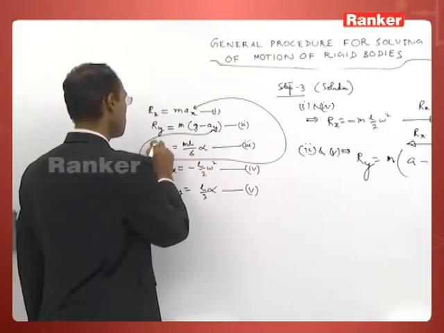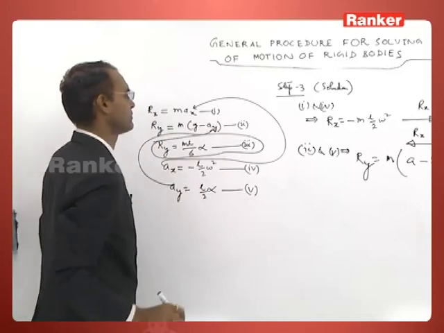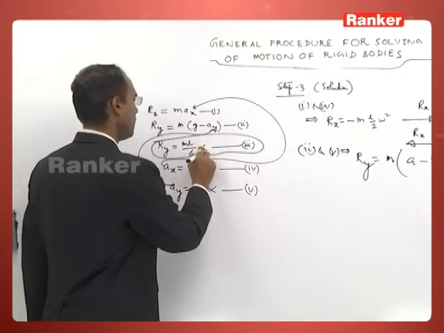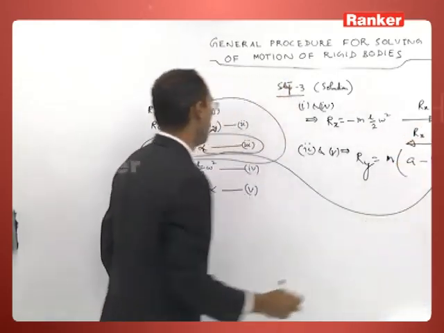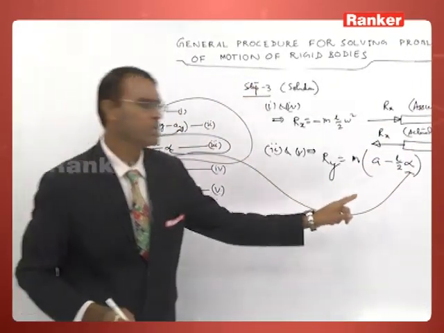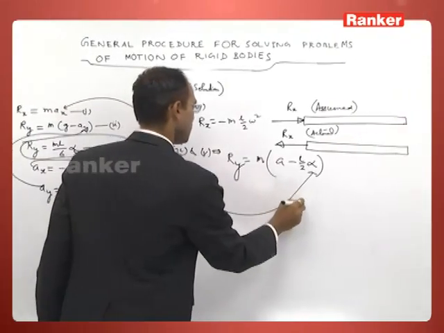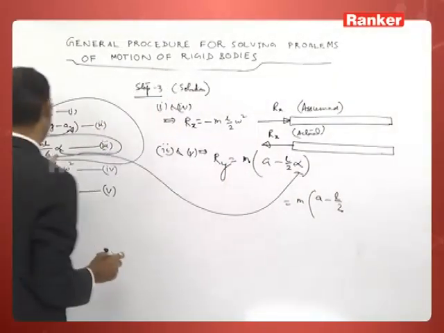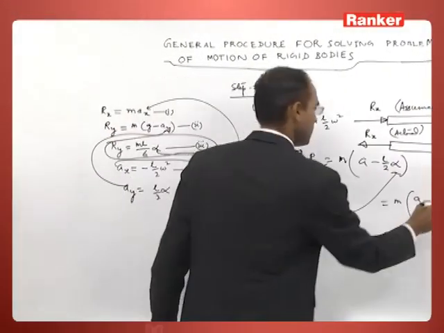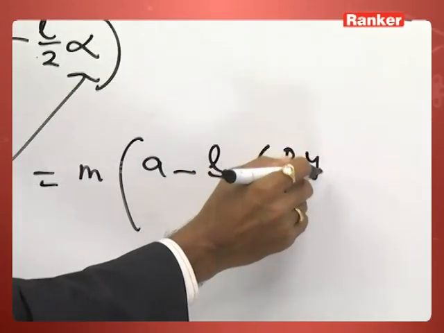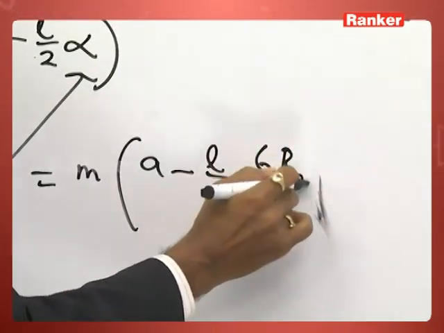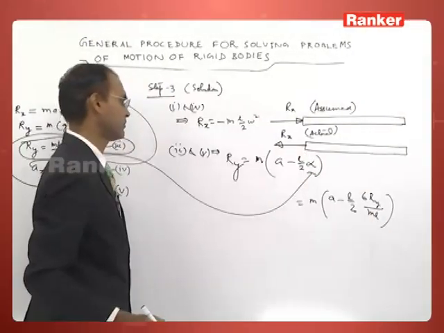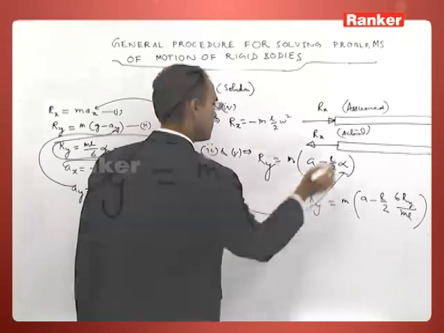And we have not used equation number 3. You can put the value of alpha from equation 3 in this new equation to get m g minus m L by 2 times alpha. What is alpha? 6 Ry by m L. So 6 Ry by m L, and this is equal to Ry.